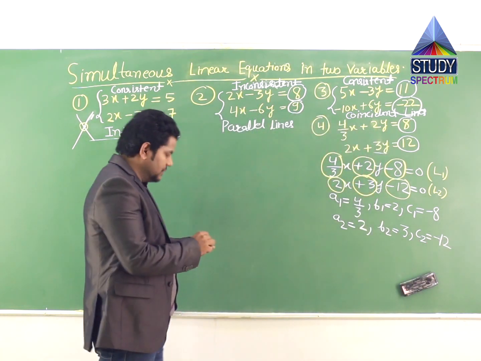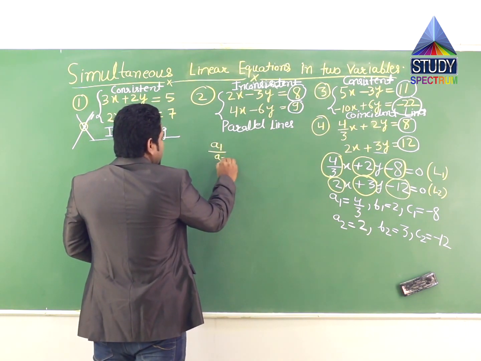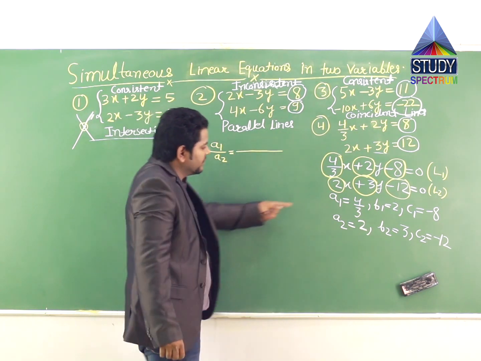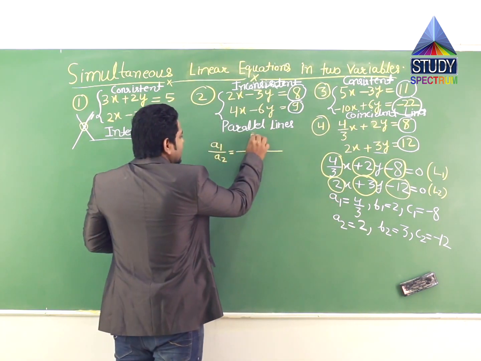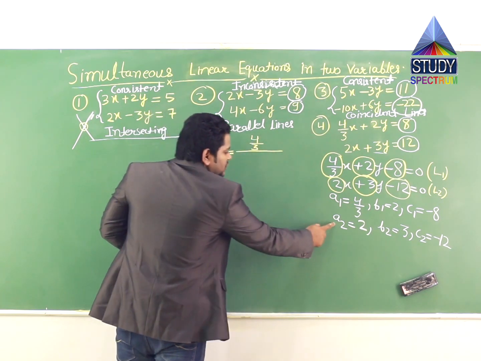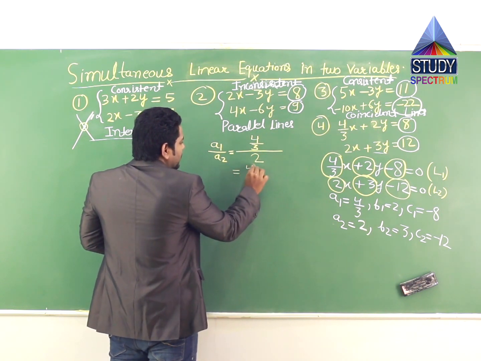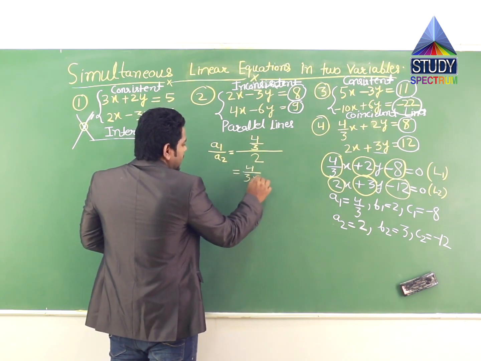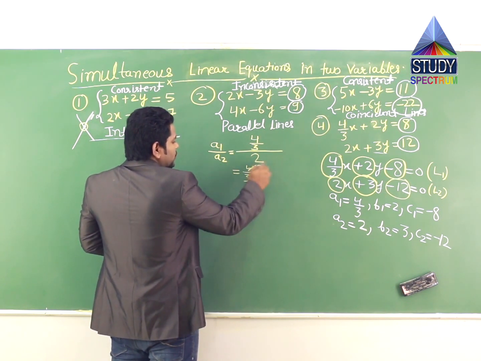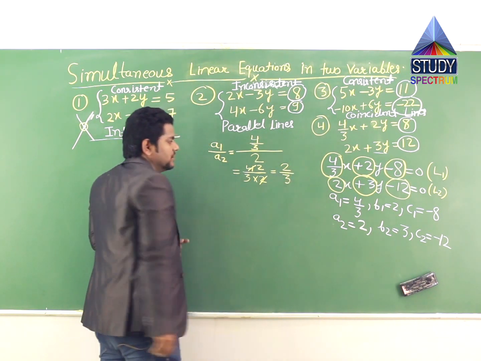Now I'll find A1 by A2. At the place of A1 we have 4 by 3, and at the place of A2 it is 2, so it will become 4 by 3 into 2. 2 2s are 4, so it is 2 by 3.